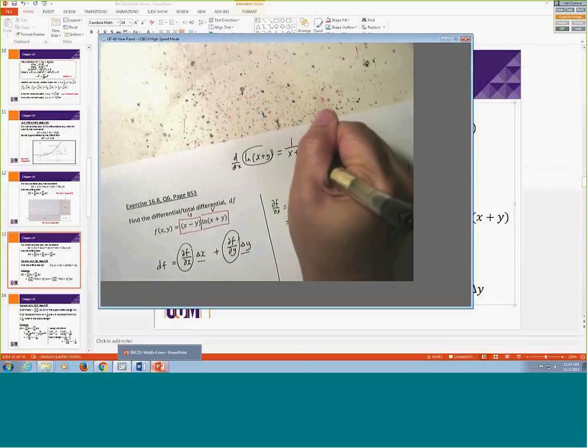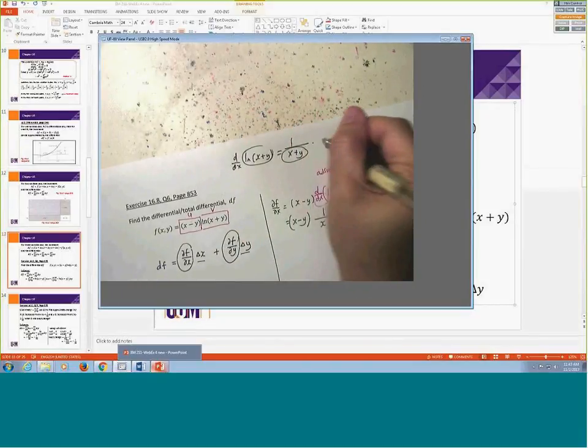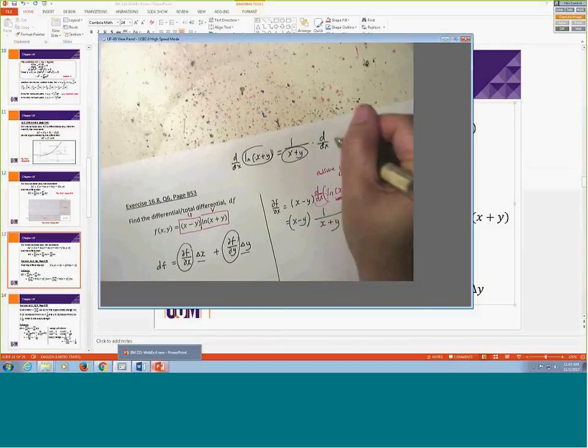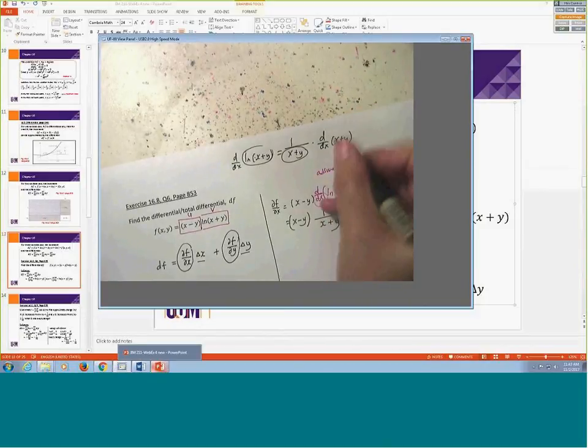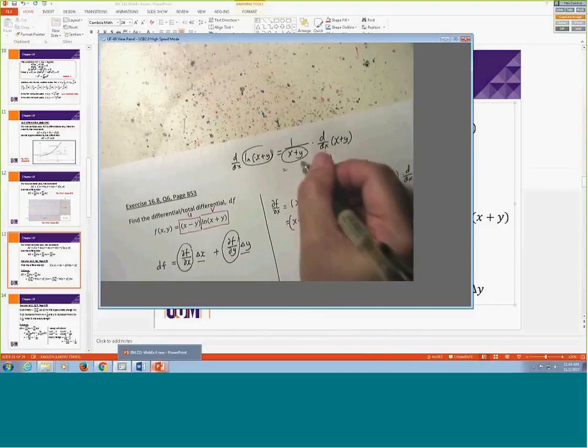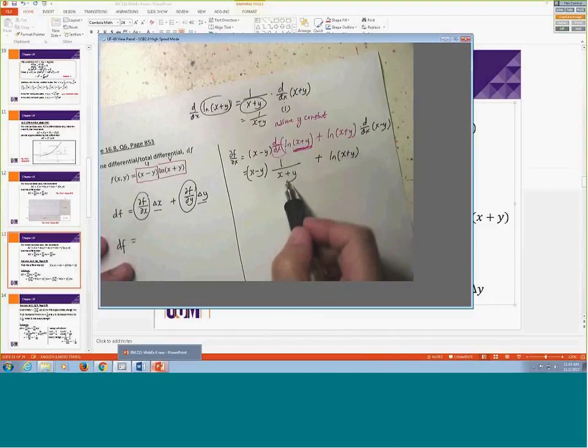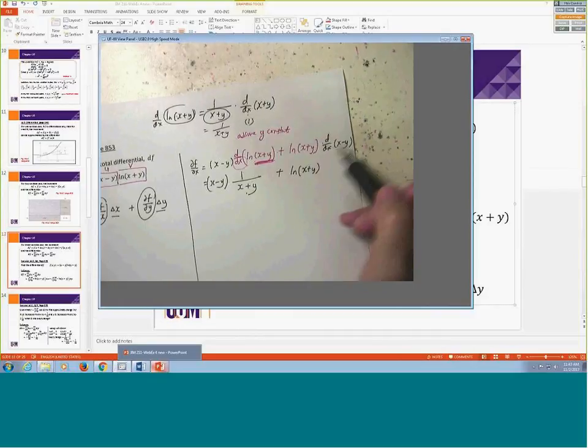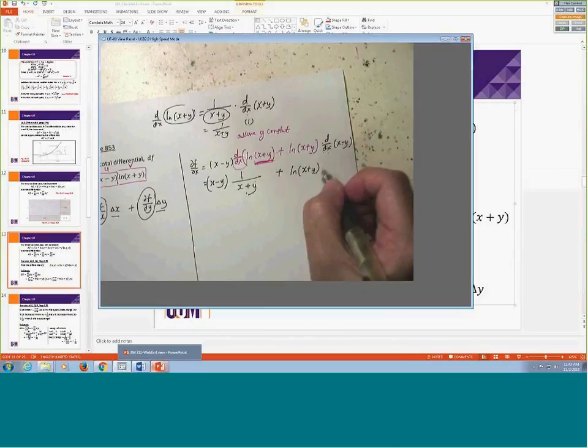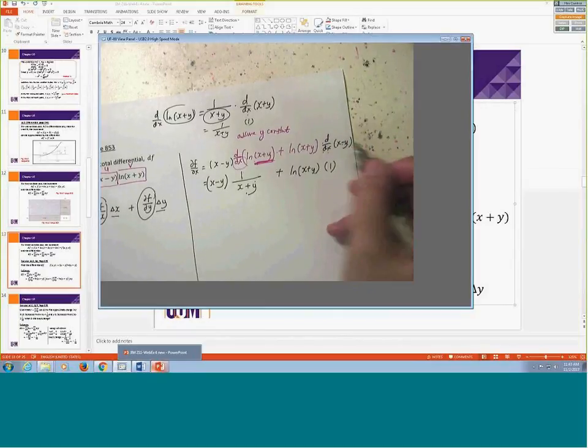Then don't forget to differentiate the inner function x plus y. Because y is constant, this is x, so we get 1. This is 1 over x plus y. Plus, differentiate x minus y with respect to x, we get 1. Y we assume constant, so y there is 0.